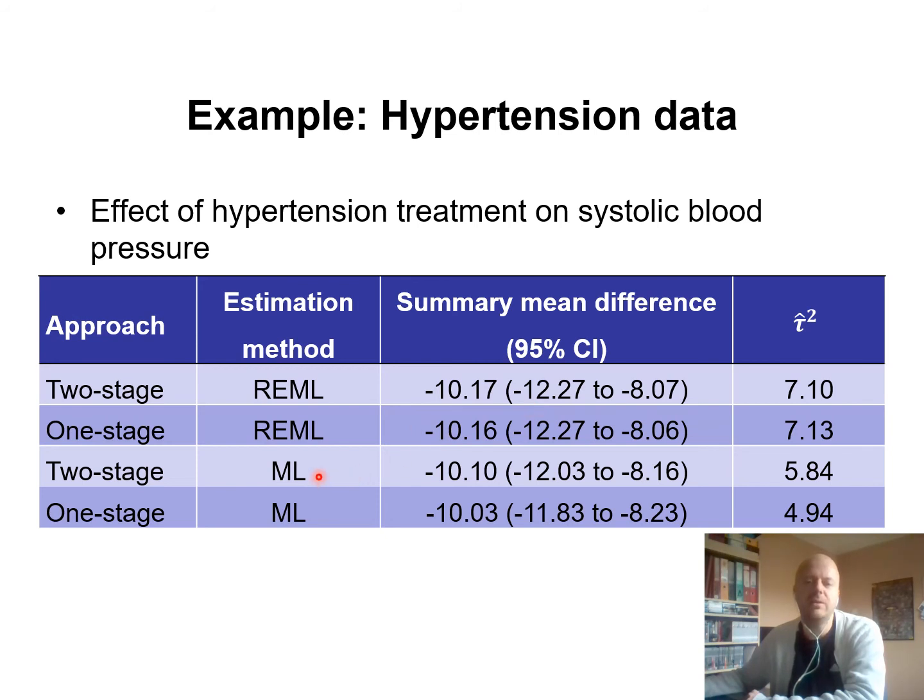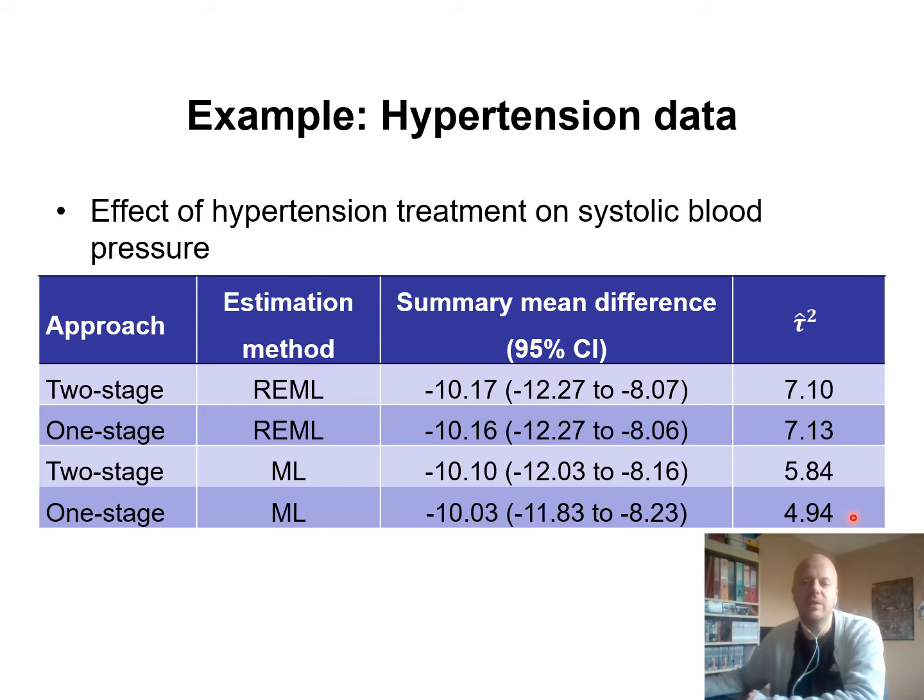However, if I'd now done maximum likelihood estimation and not REML, again, I would get differences to the REML results. My tau squareds are lower because maximum likelihood has more downward bias in tau squared. But also I'm actually getting some differences between the 2-stage and the 1-stage. So my 2-stage gets 5.84 for tau squared, my 1-stage gets 4.94.